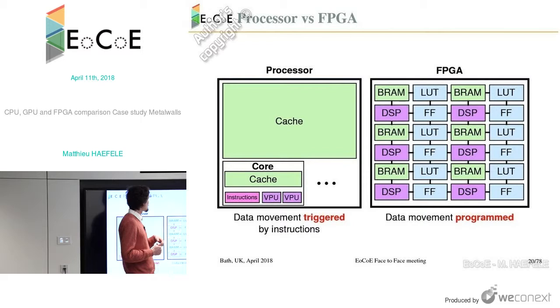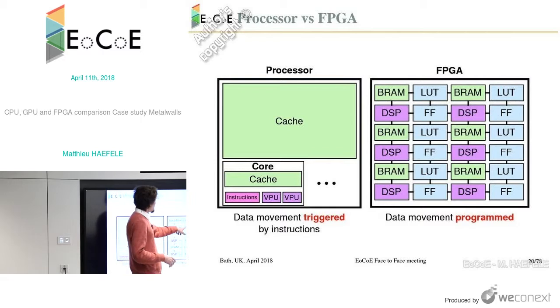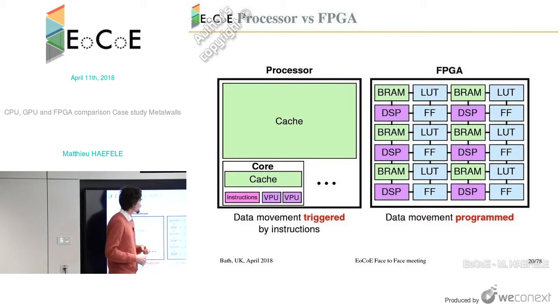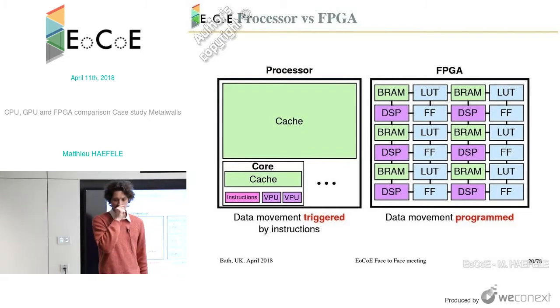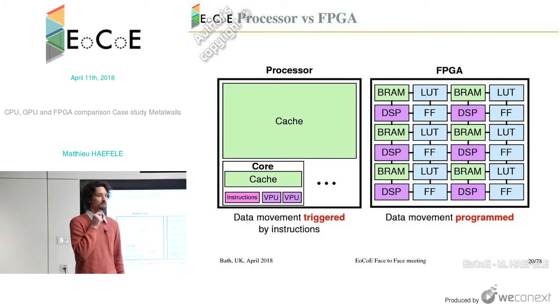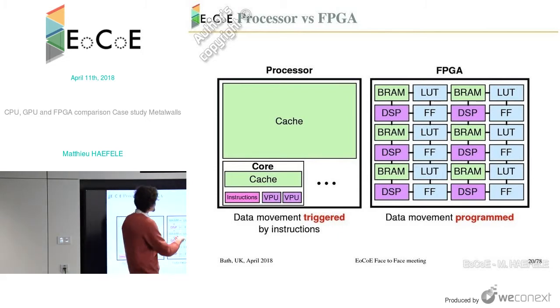Then you have LUT, which stands for lookup table. It's basically logic: you have NAND, NOR, really logic circuits. And flip-flops, which are tiny circuits that can store 1 bit, 0 or 1. By combining LUTs and flip-flops, you can rebuild those other elements.